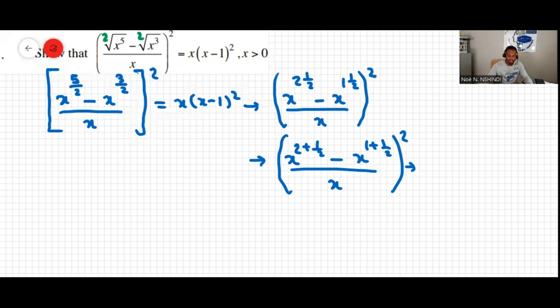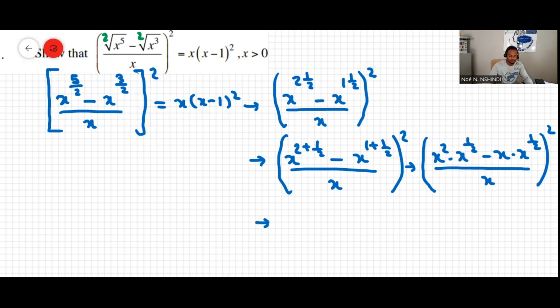So this can be written as x to the power of 2 multiplied by x to the power of a half, minus x multiplied by x to the power of a half, over x, raised to the power of 2.